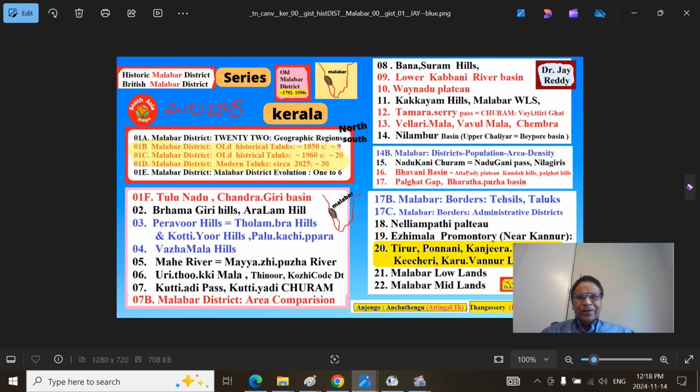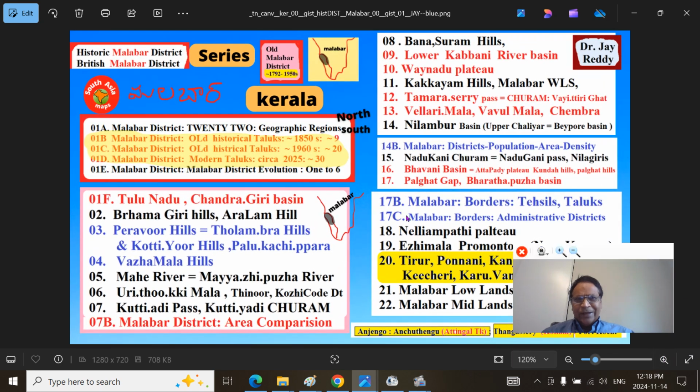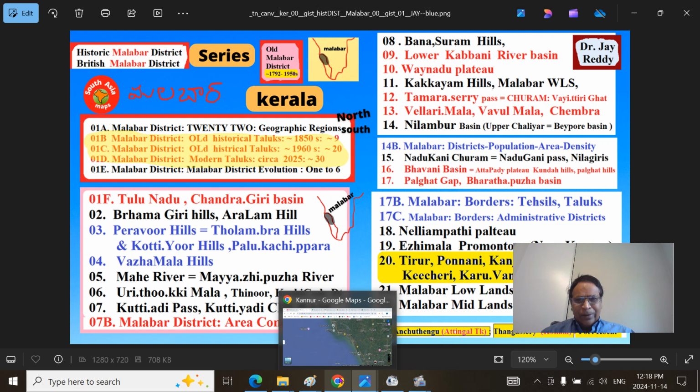I also recently started the historic Malabar district series, that is the British Malabar district series, the undivided Malabar district, and I have gone into very detailed, minute detail of geographical and physiographical features in the initial part that will also help you to comprehend this region.